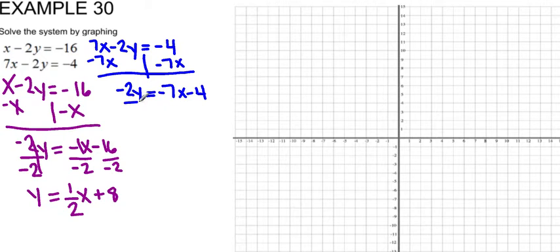To get y by itself, I divide everything by negative 2. So I have y equals 7/2 doesn't simplify, so it just becomes positive 7/2 because a negative divided by a negative is a positive. So 7/2 x, and then negative 4 divided by negative 2 is positive 2.